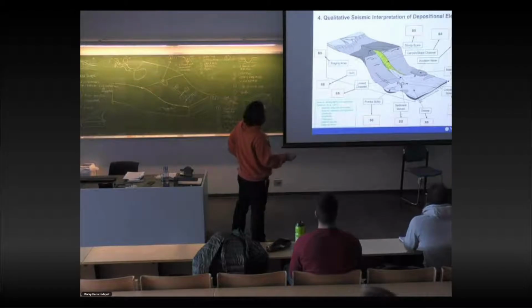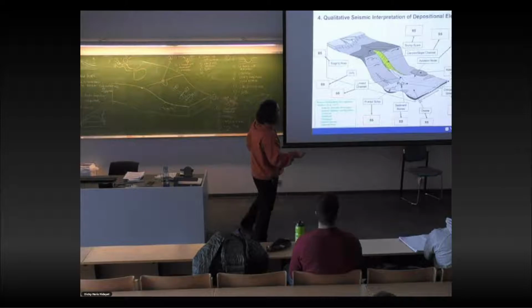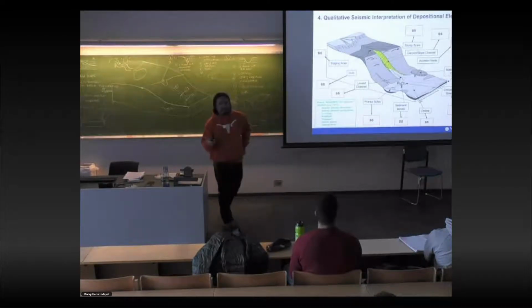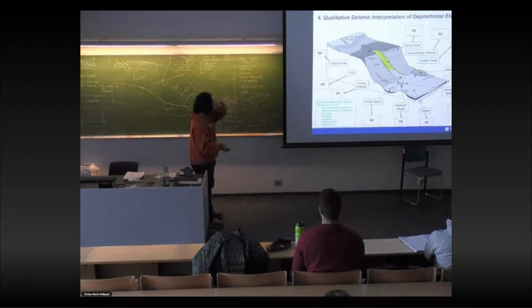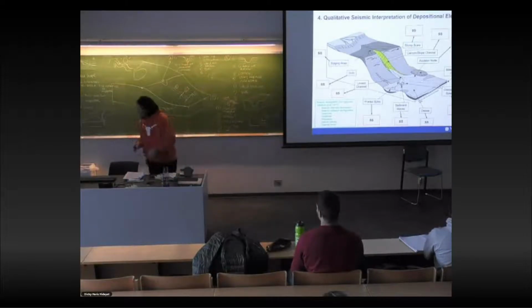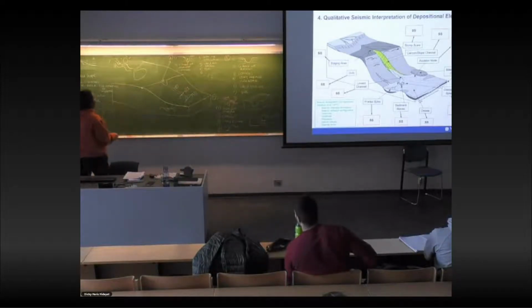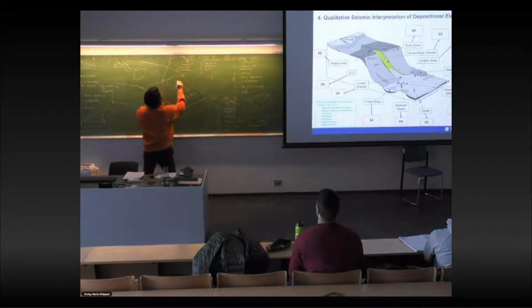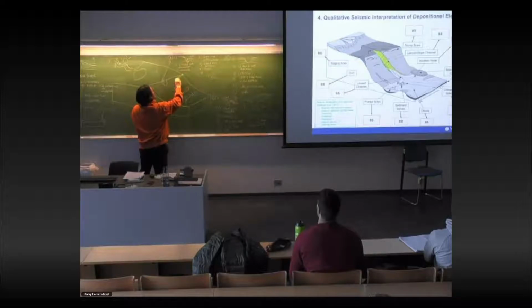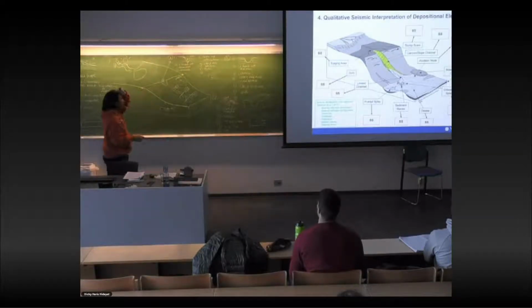Next, maybe we can discuss this mass transport complex. It's a slump, slide. It's characterized by this mass transport complex. So if we have this shelf edge, then you have this slope failure, then you have this mass transport complex.